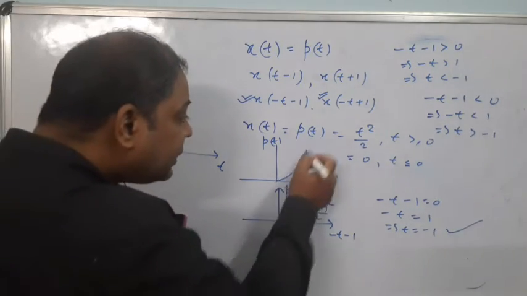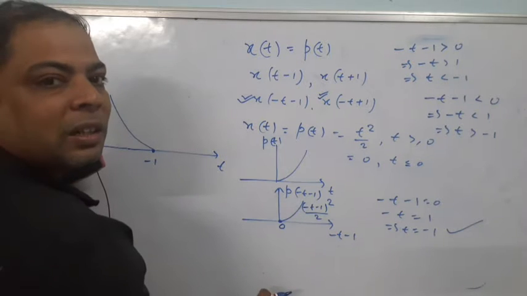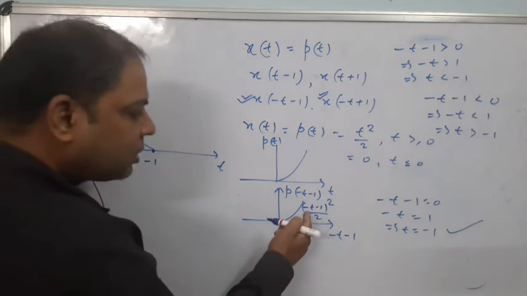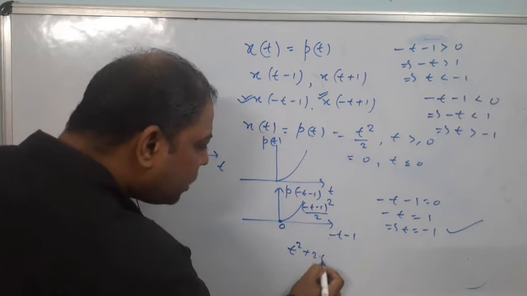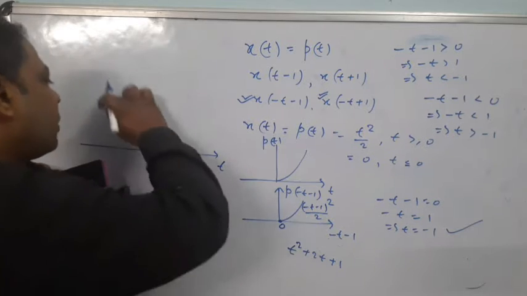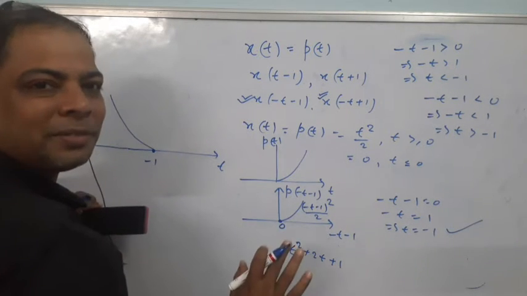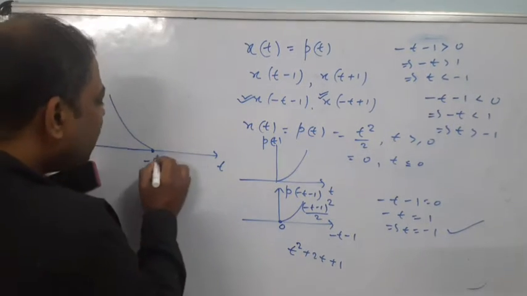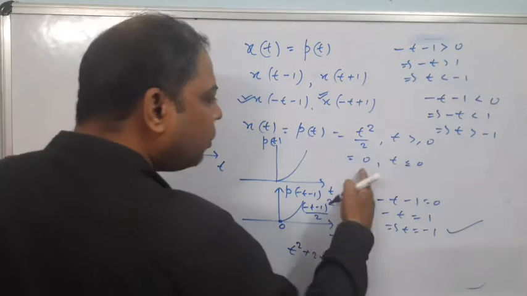Why is it shifted? Because of the equation for t less than -1. t is negative, because here it is t square plus 2t plus 1. Now for t less than -1, the curve becomes shifted in this way, only from the equation, that's all. Okay. So now if for less than -1 the equation is this, for greater than -1 what will you find? 0.